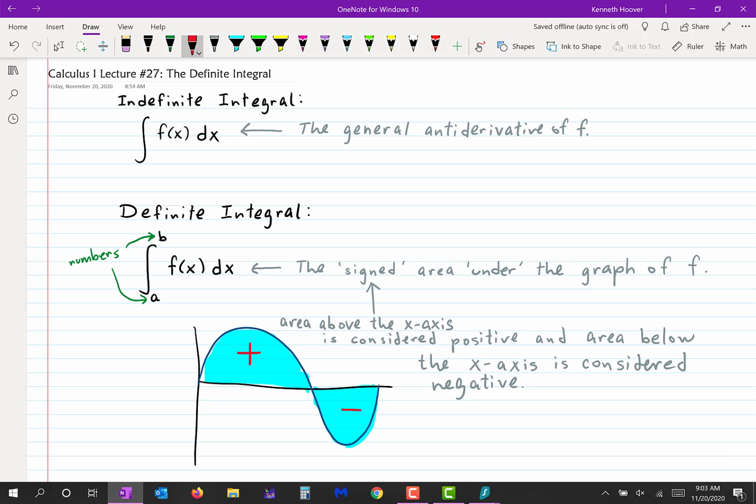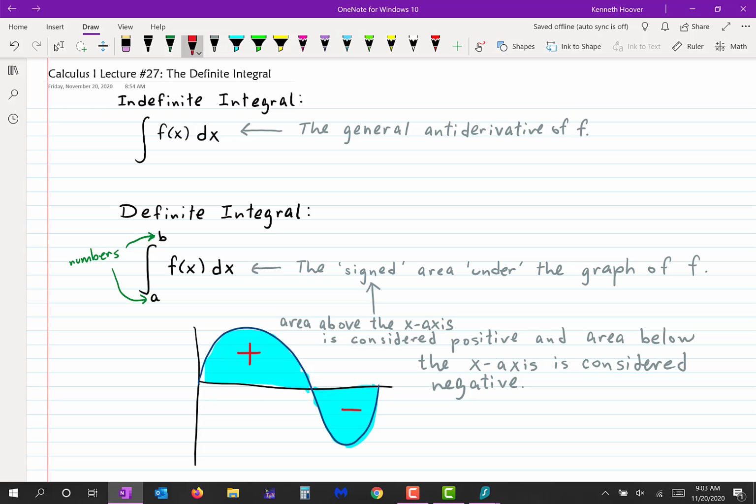Okay? So you could have a lot of shaded area and at the same time say the area is 0, because you might have the same amount of positive area as negative area and they could cancel each other out. Okay? All right. Go back up to that sentence, the signed area under the graph of f.